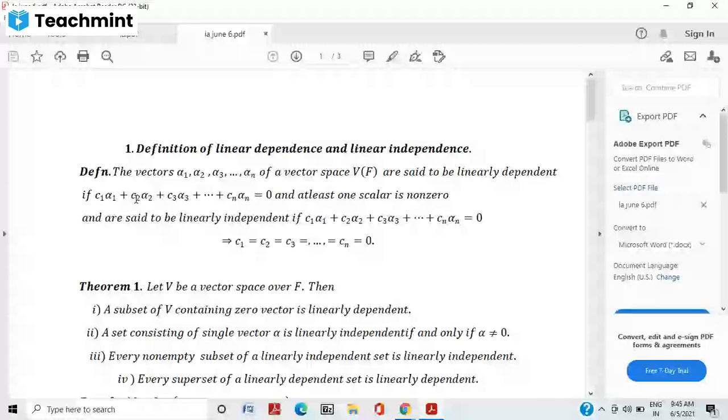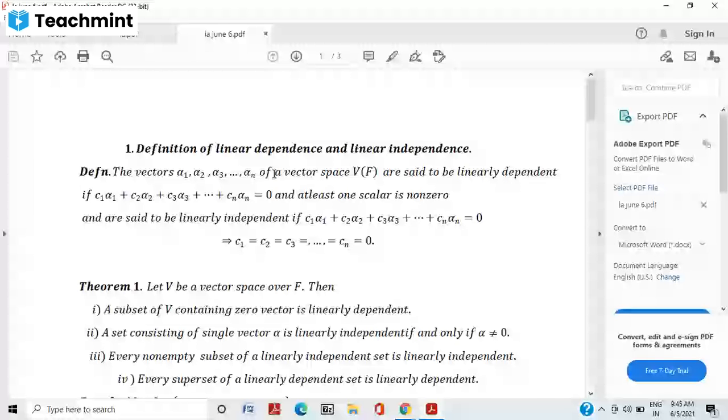In that case also alpha 1 depends upon alpha 2. Like that, if at least one Ci is non-zero, we can say it is linearly dependent. Understood? C1 alpha 1 plus C2 alpha 2 equals 0 means alpha 1 can be written as a linear combination of alpha 2. That means alpha 1 depends upon alpha 2, so we can say that it is linearly dependent.